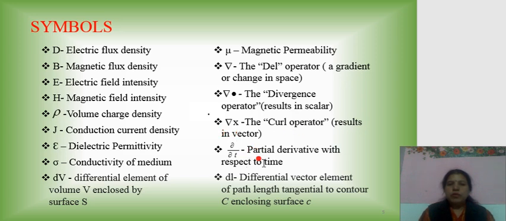And dou by dou t is the partial derivative. dl represents the differential vector element of a path length tangential to contour C enclosing the surface S. And dv is the differential element of a volume V enclosed by the surface S. These are the symbols used in Maxwell's equations.